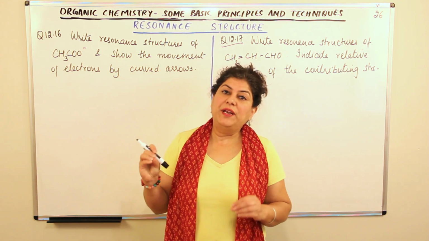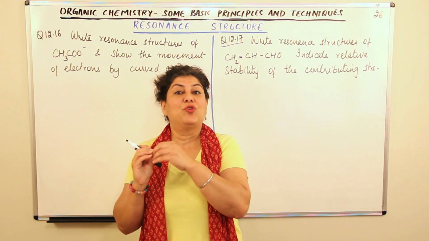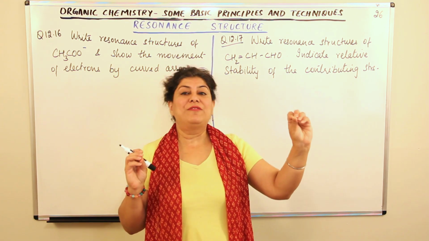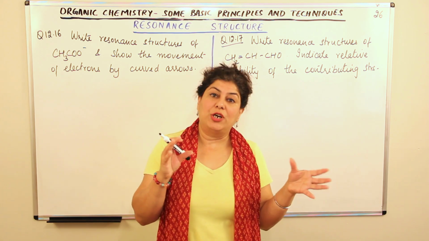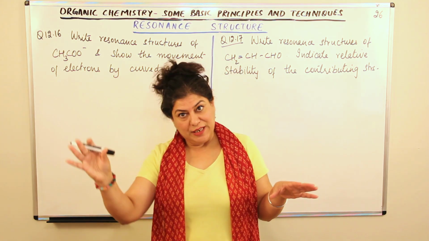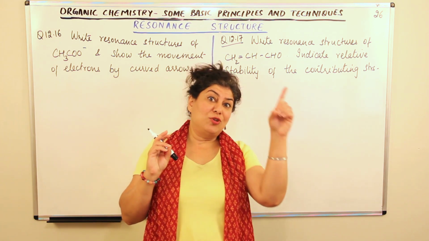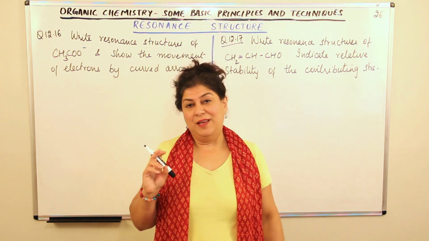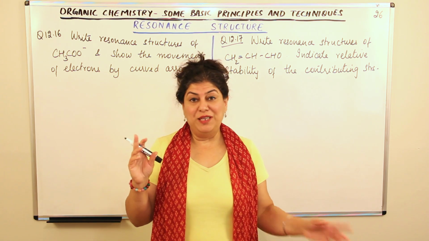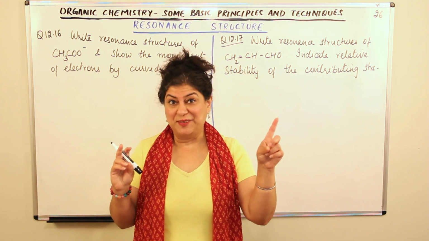So an electronegative atom should have the electrons, and an electropositive atom normally would be positively charged. If the negative charge is on the electronegative atom, that is normal behavior. But if on the other hand it is on the electropositive atom, then that is abnormal, which means it is not a very stable state.